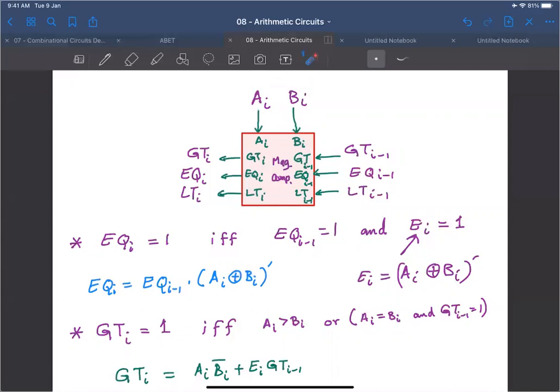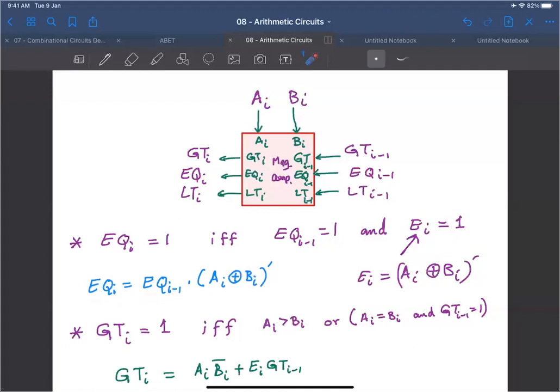If this is the case, then my EQI will be 1. So EQI is 1 means that the current bits are equal, so my EQI is nothing but EQI minus 1 ANDed with AI XNORed with BI. Clear?